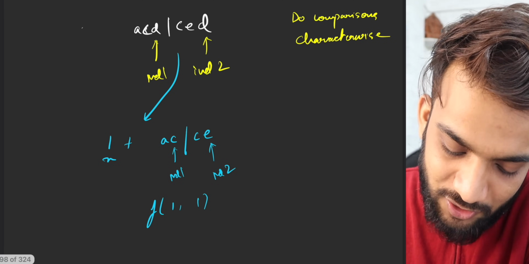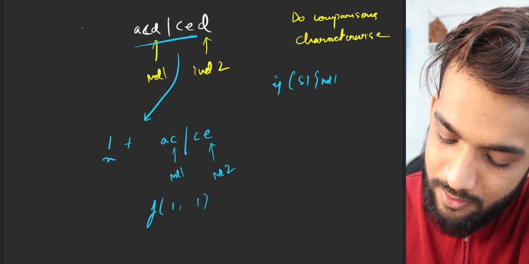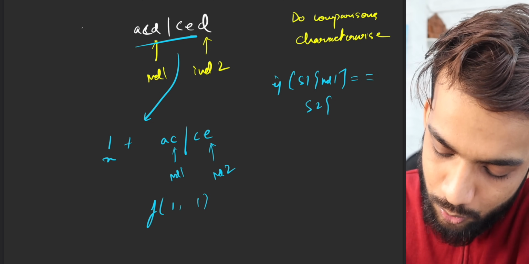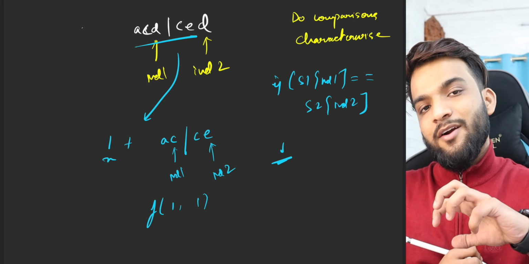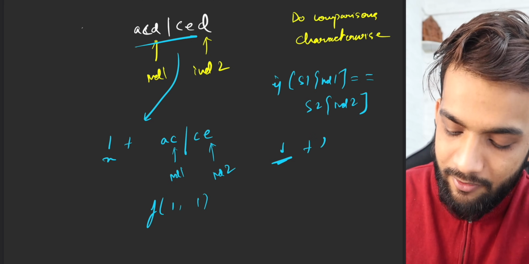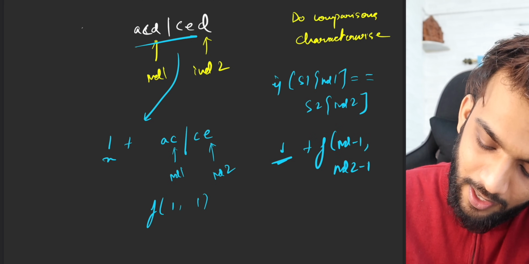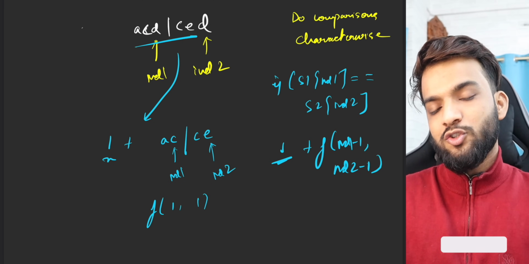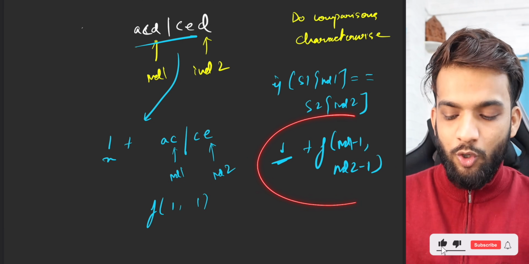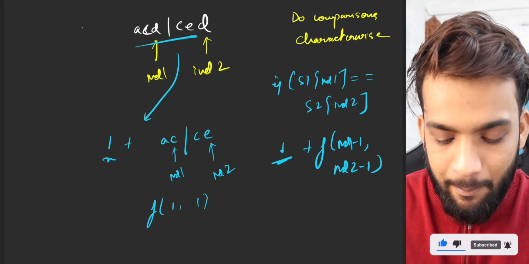So if a character matches, index 1 matches with index 2, can I write this as, I will add 1 to the answer and I will reduce index 1 by 1 and the other index by 1 as well. This is going to be the recurrence if both of the guys are matching.